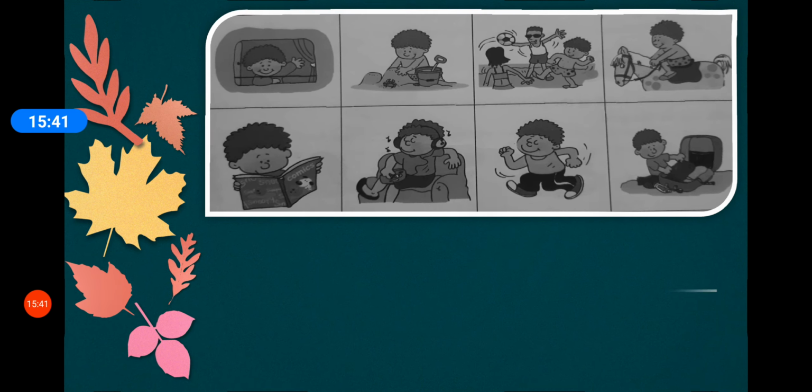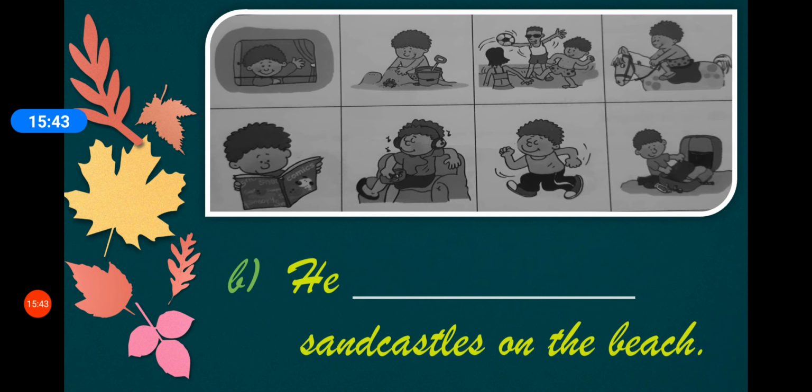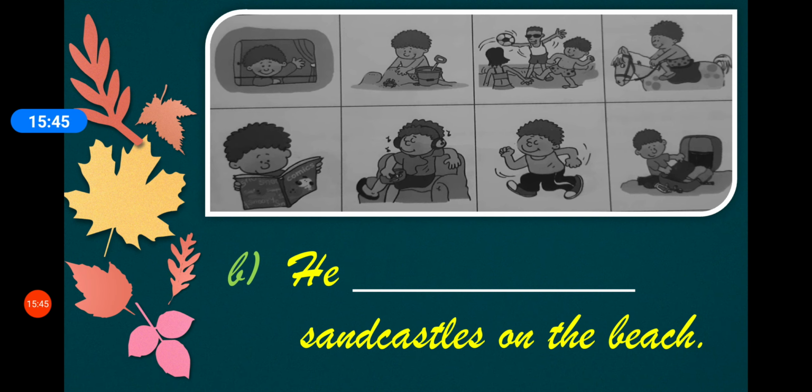Let's have a look at the next sentence. Now we have to look at the second picture. Yes, he dashed sandcastles on the beach. So children, which verb would fit here? Definitely he.